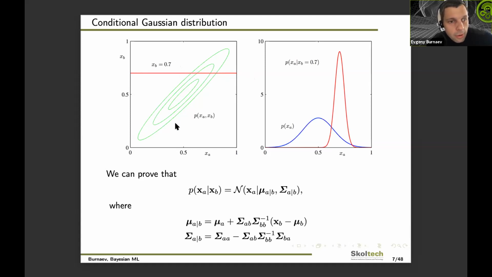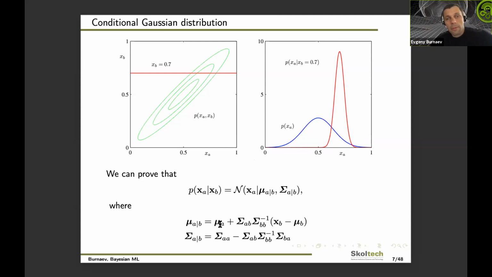And so this distribution here is actually the projection of this distribution mass under these constraints. And this is what we get. It's obvious that the variance of this projected distribution is smaller than the variance of the unconditional distribution.